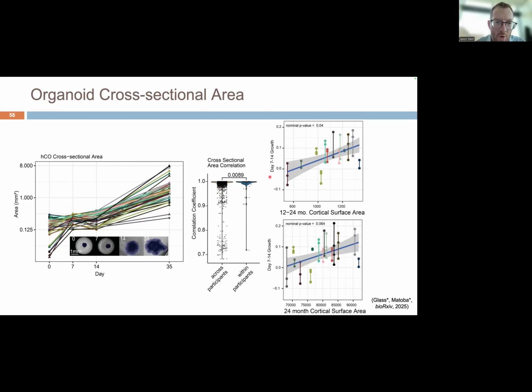But then we correlated them to different phenotypes about the growth of the organoid as well as the growth of the individual from which they were derived. And we do see across these different donors that there is a similarity between the growth rate of the organoid and the actual growth rate of the cortical surface area. So this suggests that organoid development is somewhat predictive of inter-individual variation.